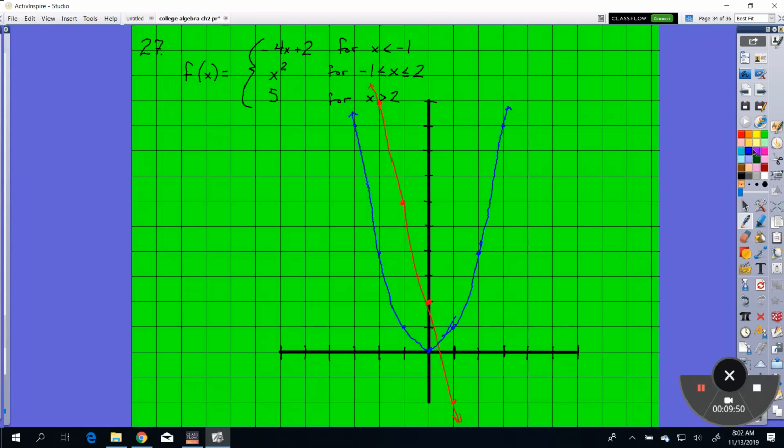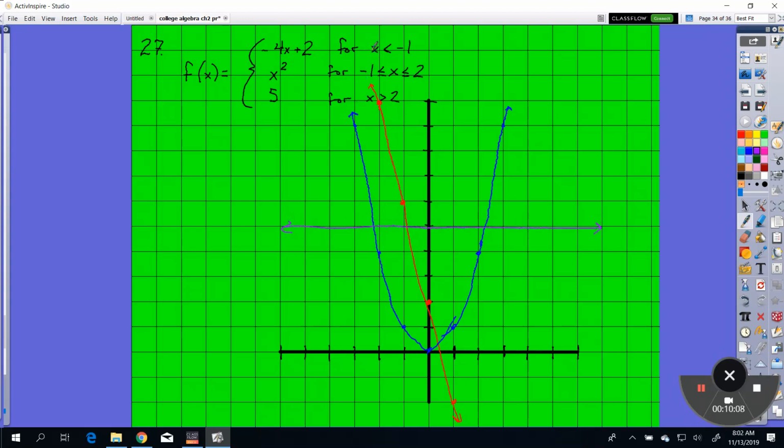And finally we have 5. So I come up to 1, 2, 3, 4, 5 and draw a straight line. It's supposed to be a straight line. That's a little better. Not great, but better.